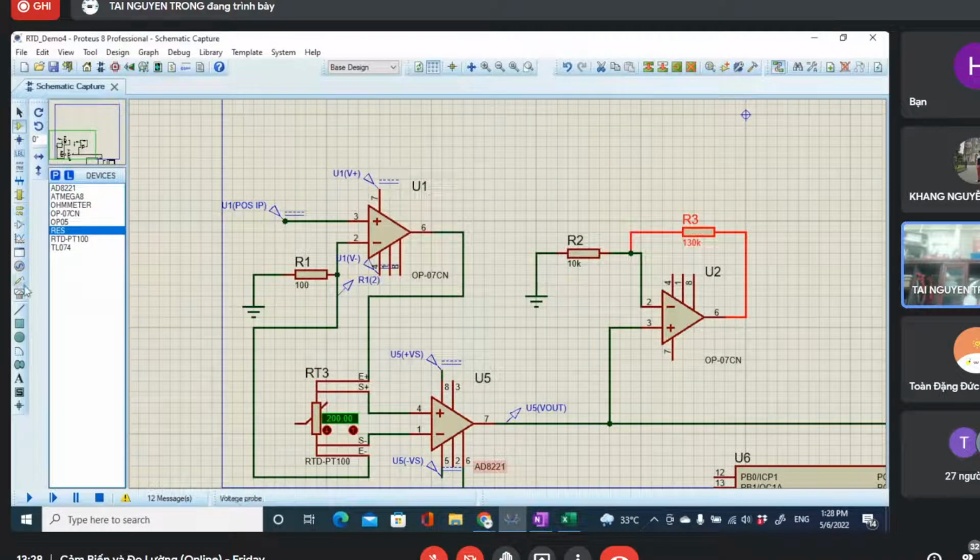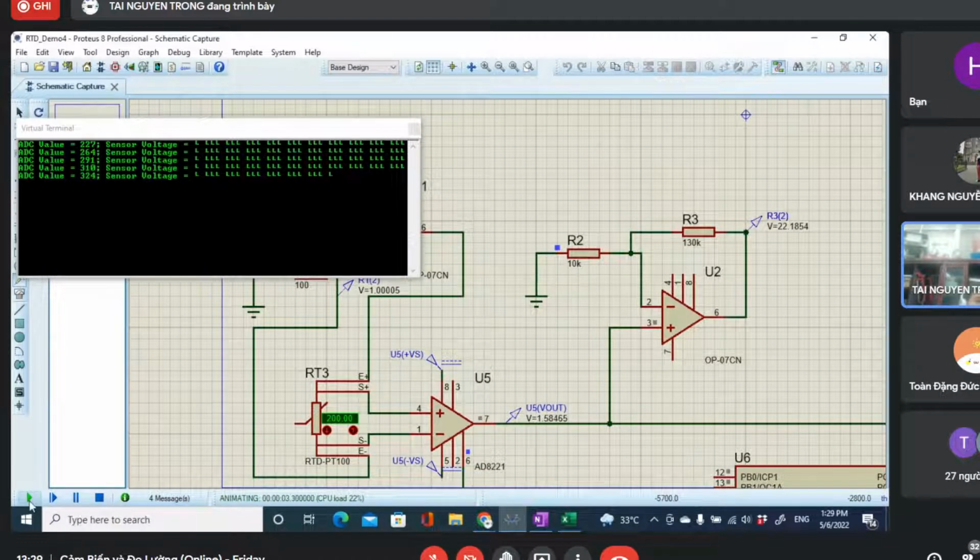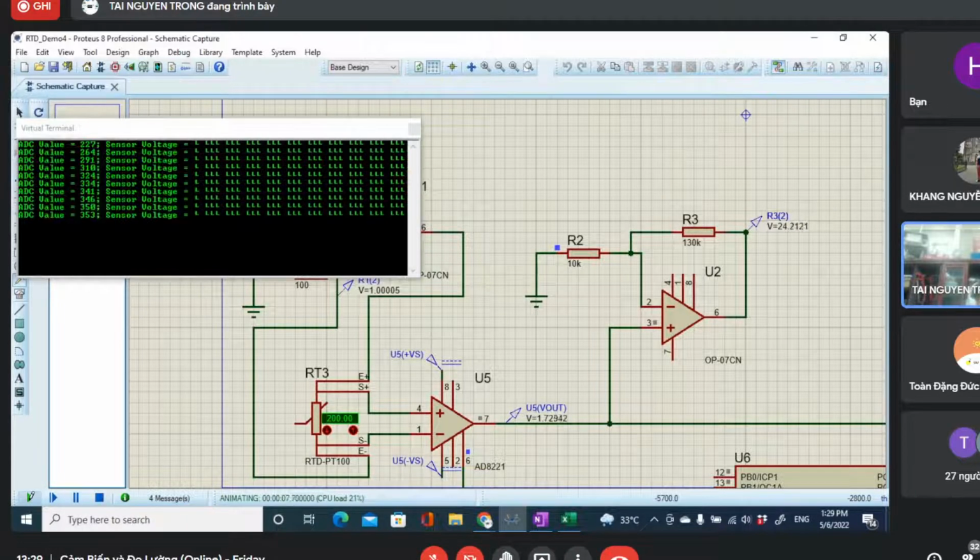And again, we take a measurement. Okay, then we can check the voltage value. Wait for this.